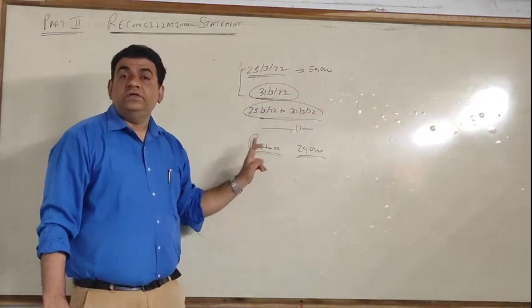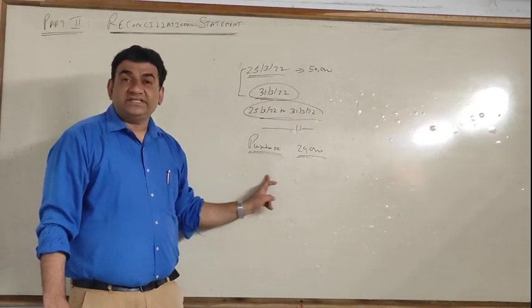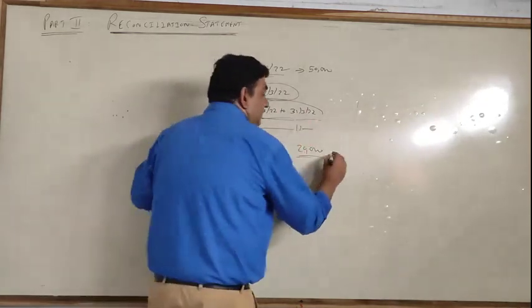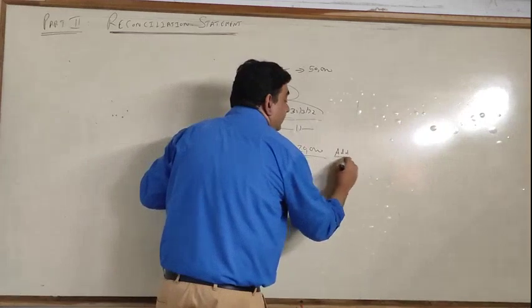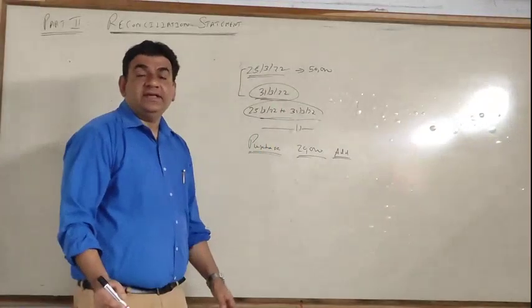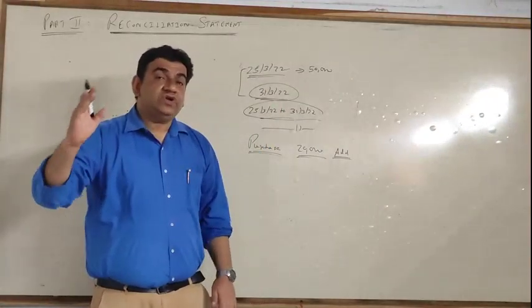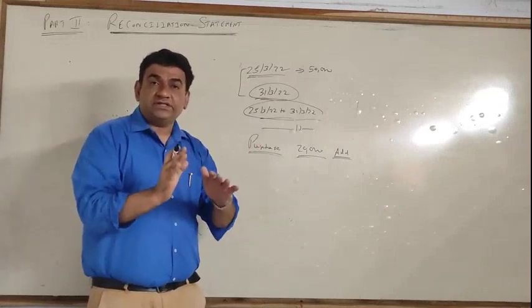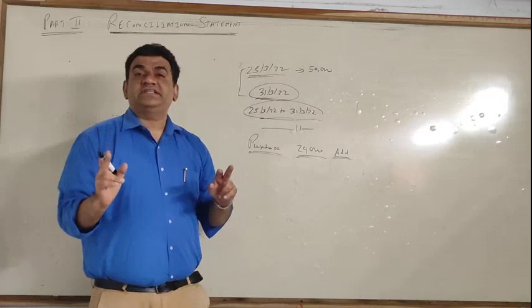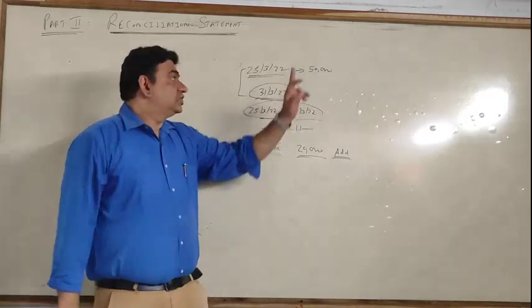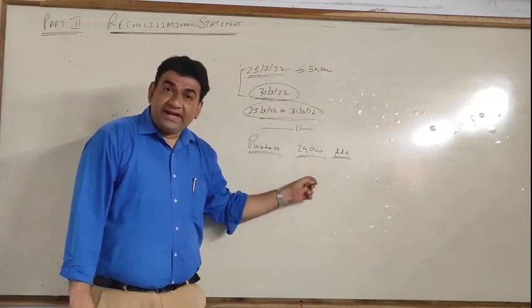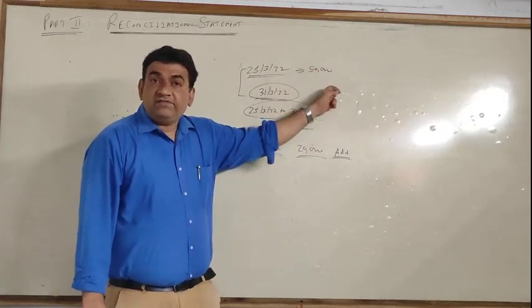So can I say if I have purchased after 25th March, this 20,000 is not included in 50. So what I do? Whatever is the goods I have purchased from 25th March to 31st March, I will add it to that 50,000. Why? Because 50,000 is as on 25th March. I want the stock on 31st March. So whatever I have purchased, I will add it. So on 31st March, this 20 ka purchase is made, which is not included in 50.